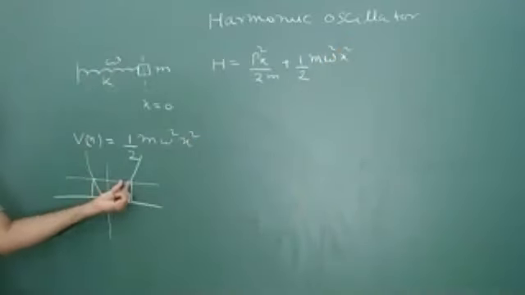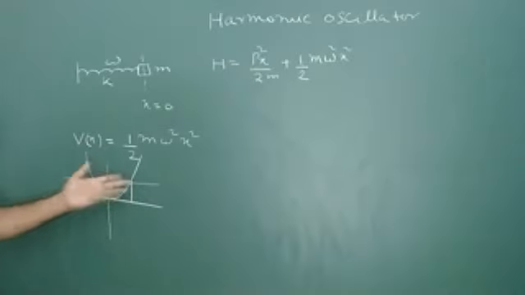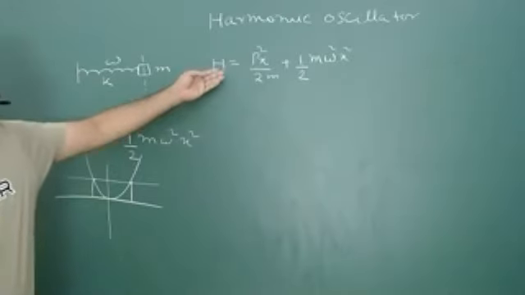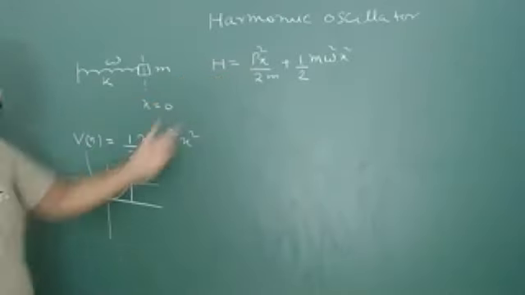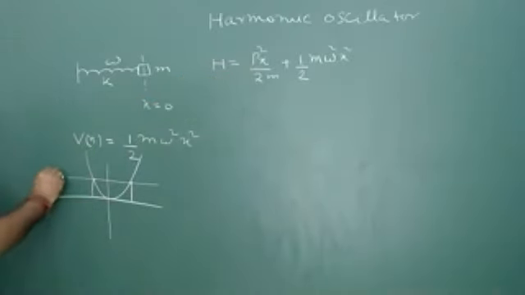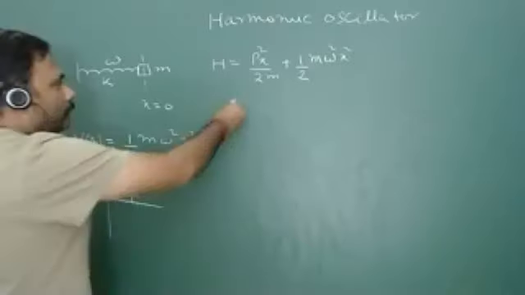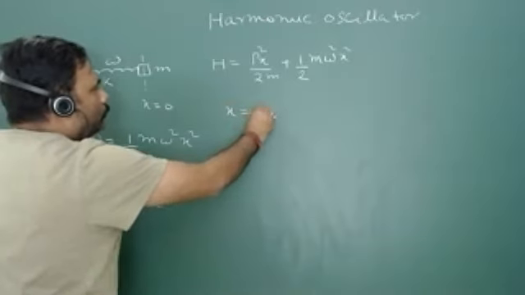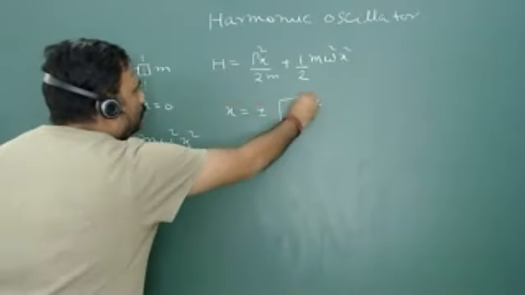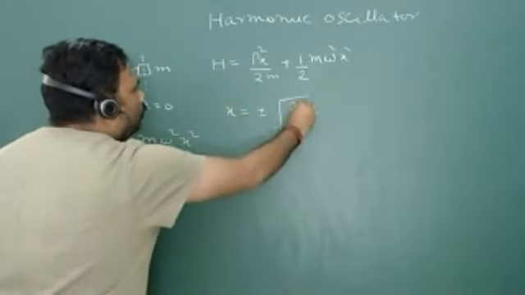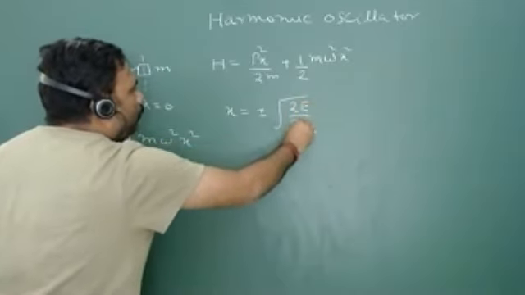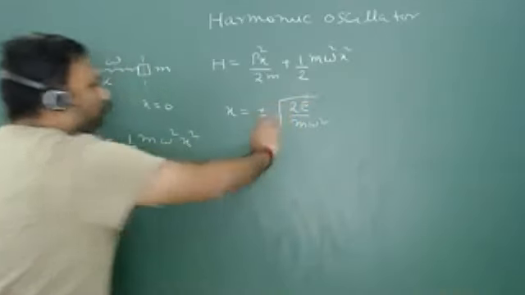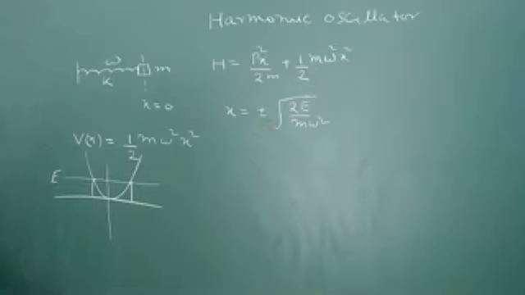At the turning point, the momentum is 0. So you can assume that this Hamiltonian will measure the energy. For a given value of energy, I can find the turning points, and this turning point x is equal to plus minus square root of 2E upon m omega square.